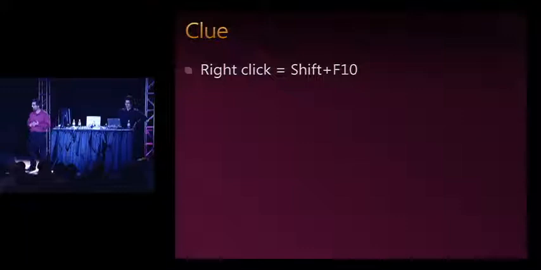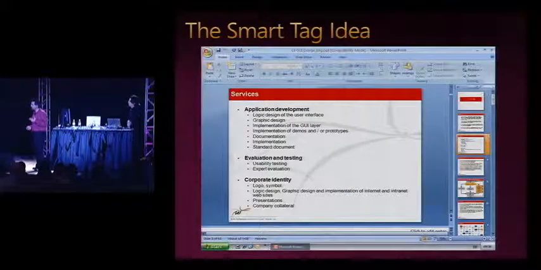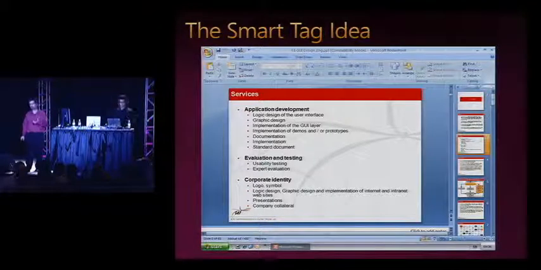So even though it's a powerful tool, people don't use it, either because they don't know about it, or they don't know the power of it, or because they wouldn't like to move their hands off the keyboard and take the mouse. So we thought about how we can improve this problem. How can we teach the users how to use the smart tag?